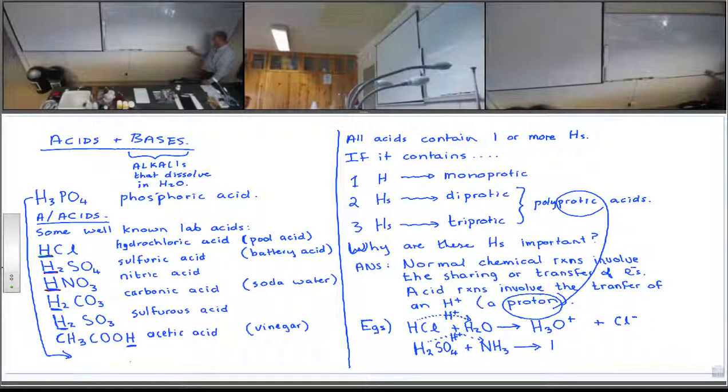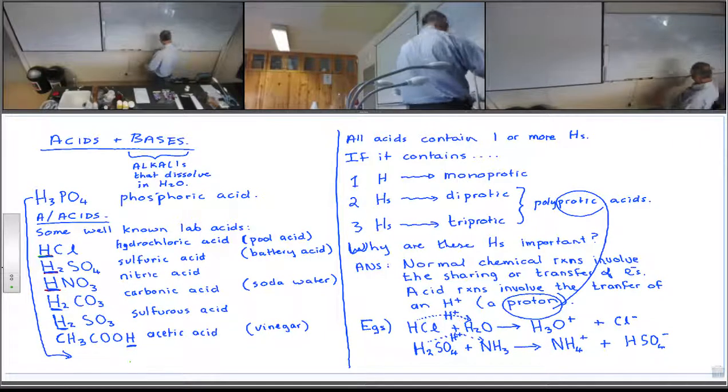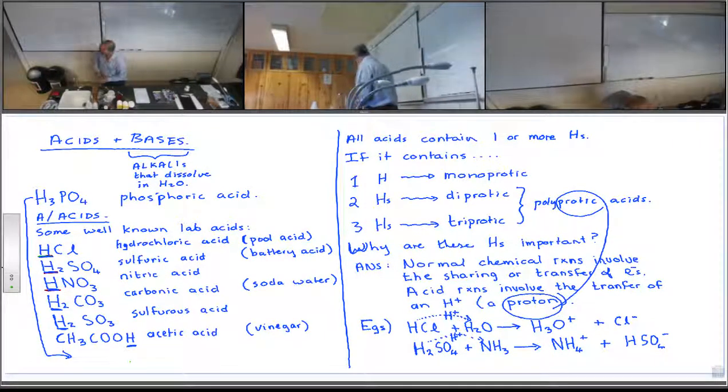And it gives you HSO4 minus. Let's do the ammonia first. What will the ammonia become? NH4 plus and HSO4 minus. What is this NH4 plus called? Ammonium. What is the NH3 called? Ammonia. Yes.